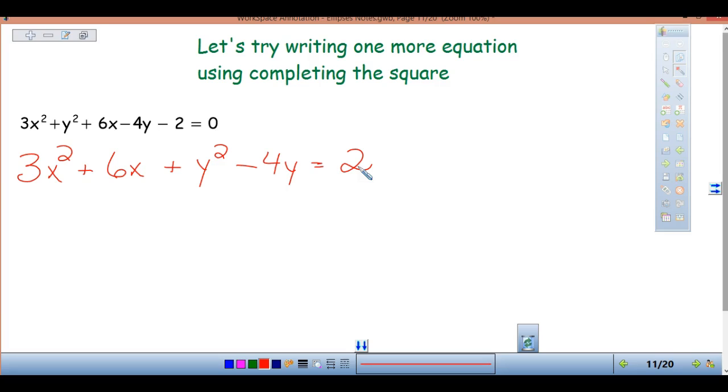So that was 3. So I need to divide my x's all by 3. Now I don't have to pull anything else for this, but I'm going to put my line in.